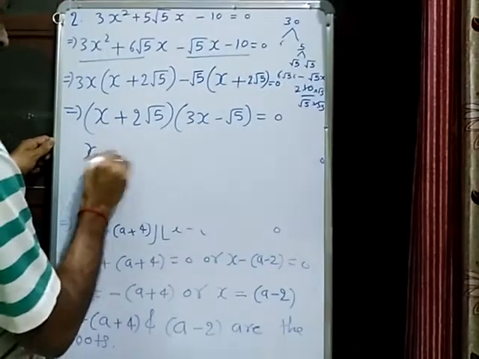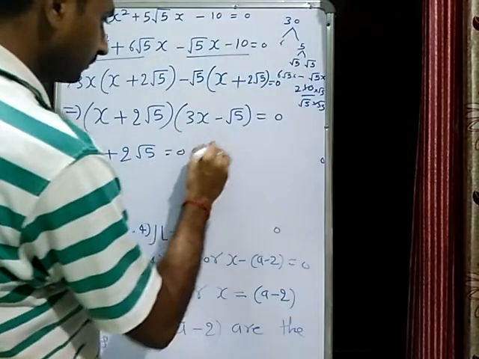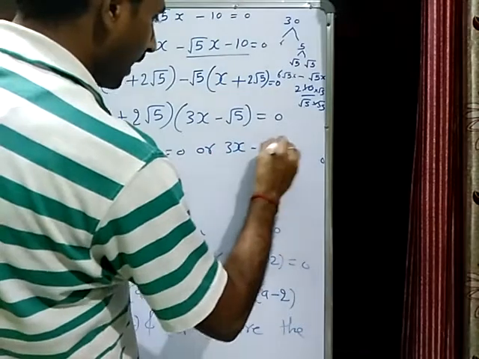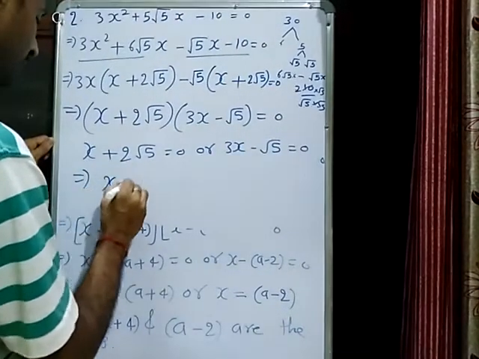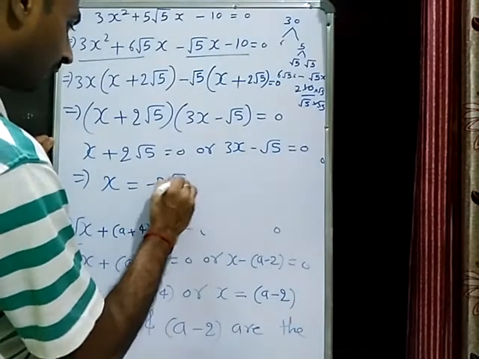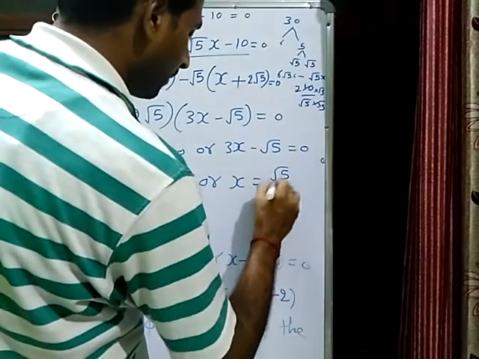So either x plus 2 root 5 is equal to 0 or 3x minus root 5 is equal to 0. If x plus 2 root 5 is 0, x is equal to minus 2 root 5, or x is equal to root 5 upon 3.